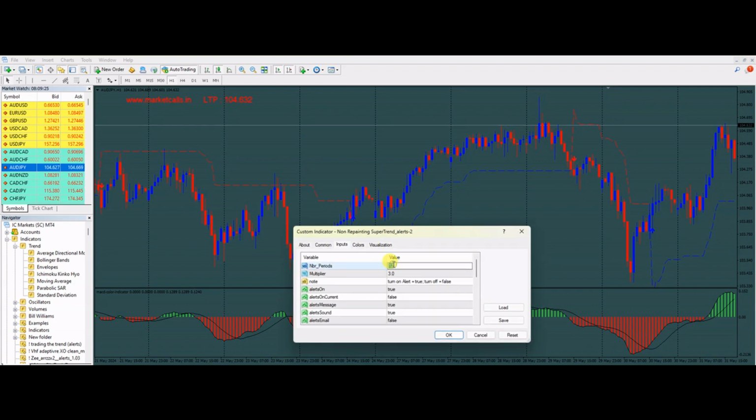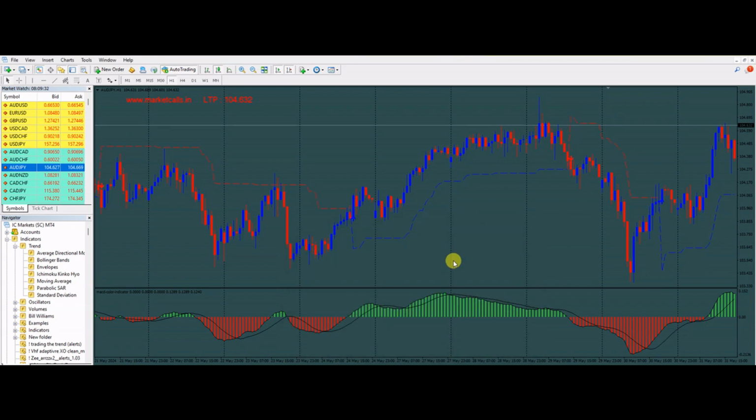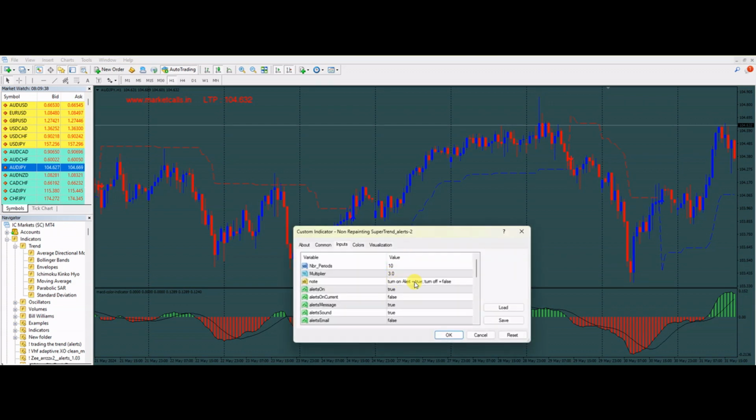For this training, I'm going to be using settings of 10, which is basically the default settings that come with the indicator. And as I said, you also have the opportunity to set it to receive an email.